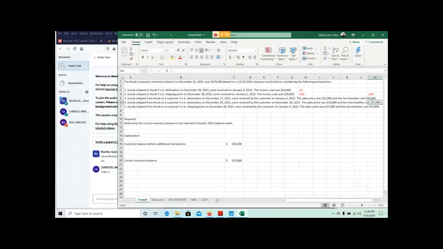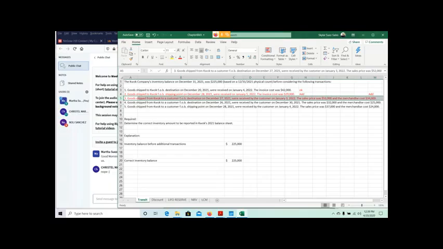And then number five, it was FOB shipping point. So as soon as it leaves the warehouse, it transfers title. So therefore, Quark no longer owns this inventory. So the only inventory that we need to fix is number two and number three.